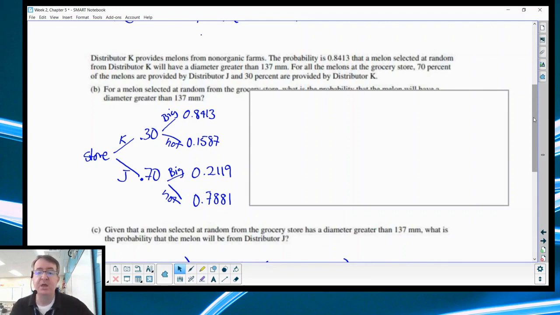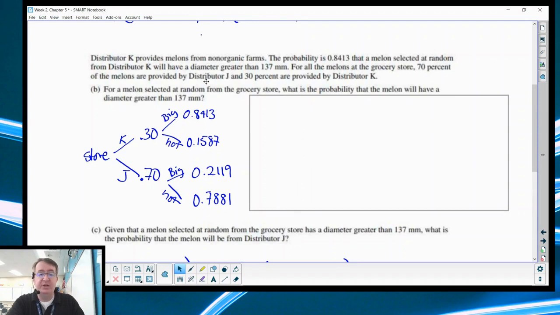For all melons at the grocery store, 70% are from distributor J and 30% are from distributor K. Once I see this, I know we have a breakdown of melons that are big and small from each distributor, and now we have a percentage from distributors.